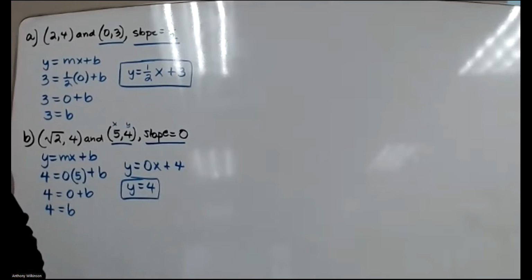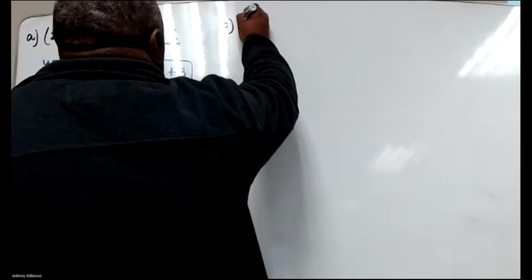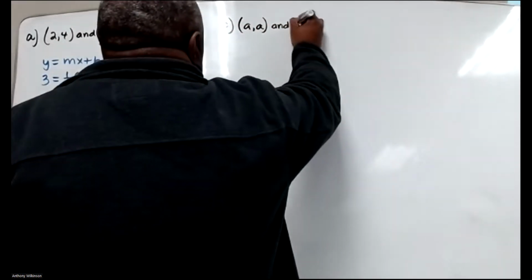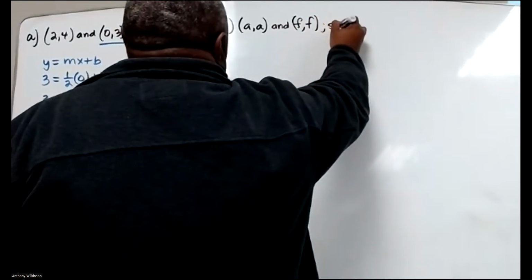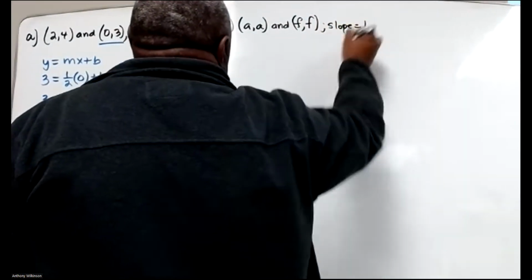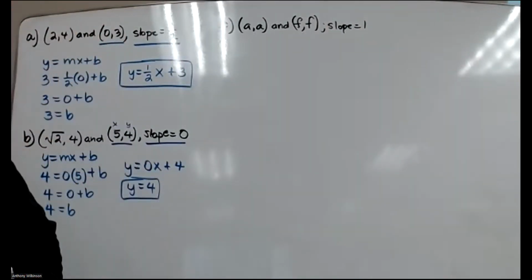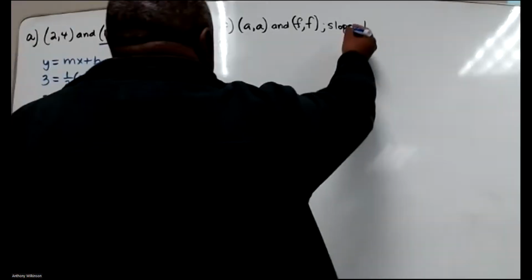Okay, part C. Here we got A comma A and F comma F where the slope is 1. Well, we're told what the slope is. The slope there is 1. So we know we're going to use that slope of 1.